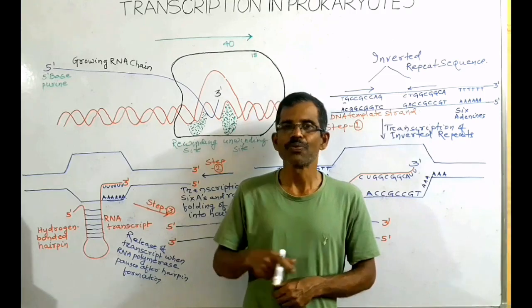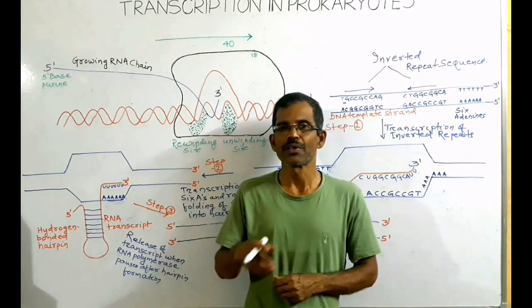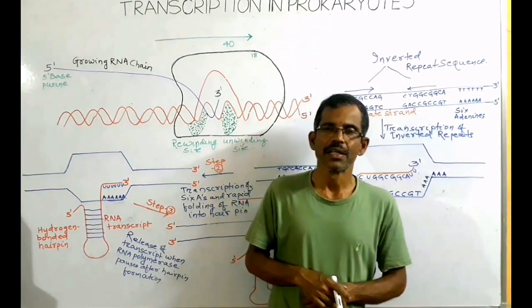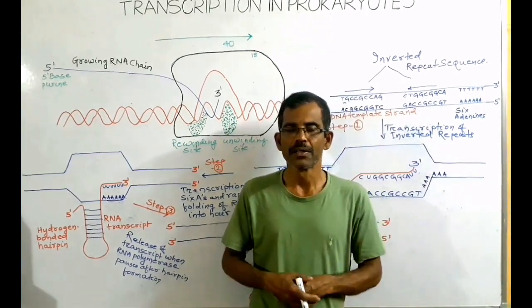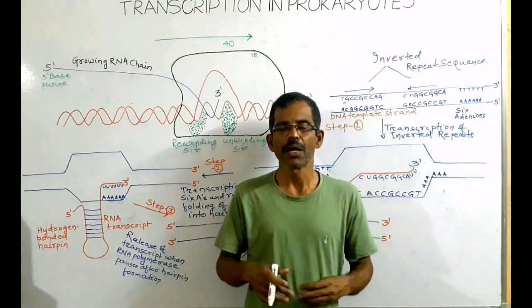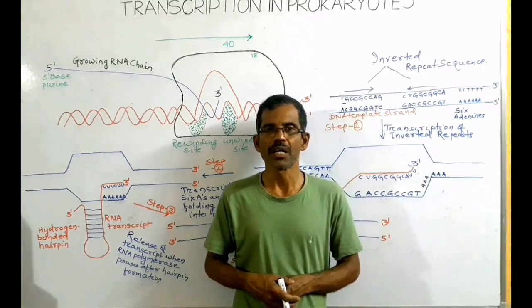But the Rho factor can move further, and because the Rho factor is a helicase, it can easily separate the growing RNA chain from the DNA, thereby causing termination of transcription.